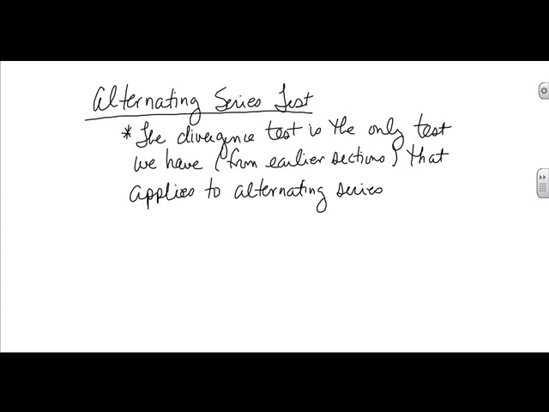So there are two things that we have to think about to use the alternating series test. Thing number one is that the terms must be non-increasing in magnitude. So if we take the absolute value of each term, they need to be non-increasing.